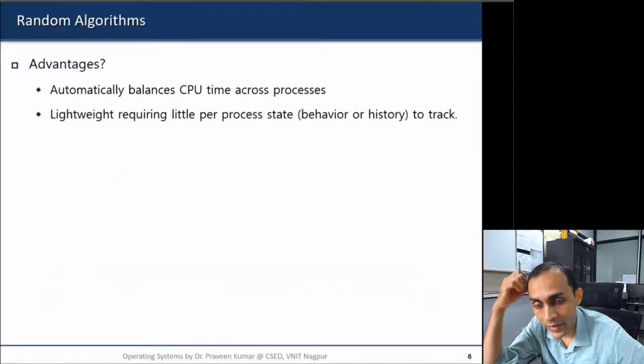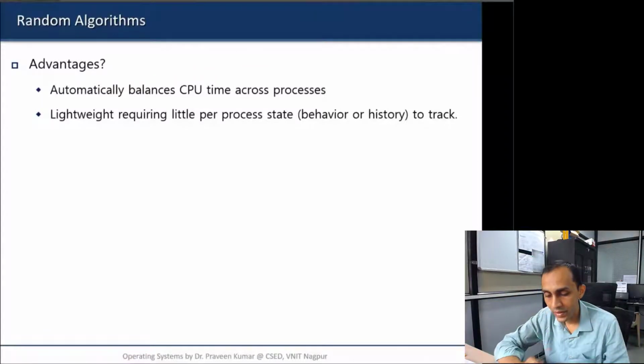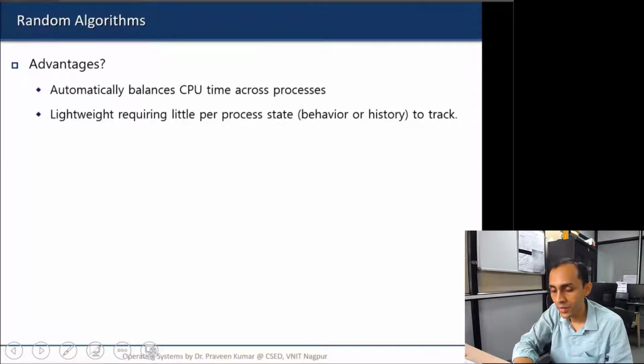So if you implement this lottery mechanism through random draw, what are the advantages? Using this simple mechanism of lottery, we can automatically balance the share of the CPU time across processes.